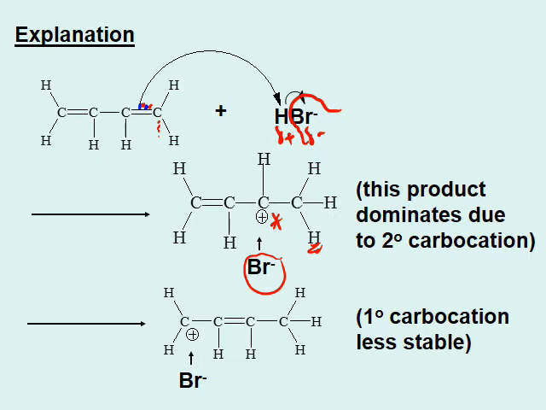And that's why it's a 2-degree carbocation. It's always more stable than a 1-degree carbocation. Then when Br minus gets bonded to this carbocation like this, you get the product which is explained by Markovnikov's rule.